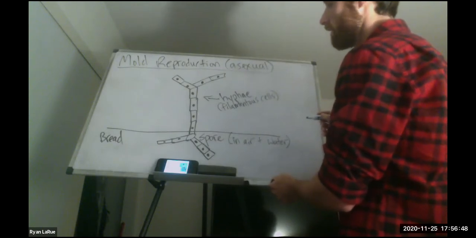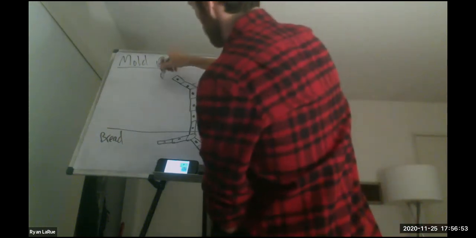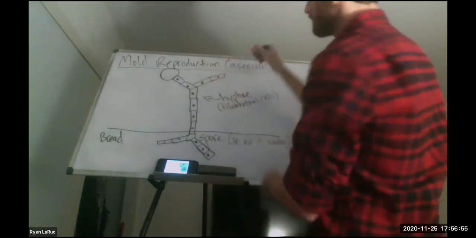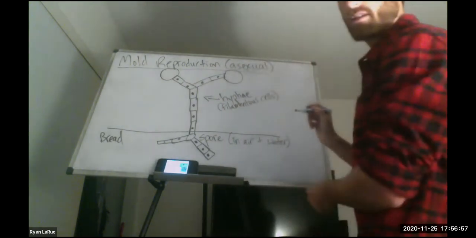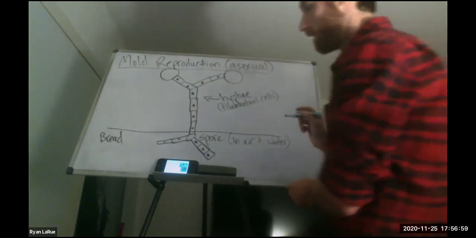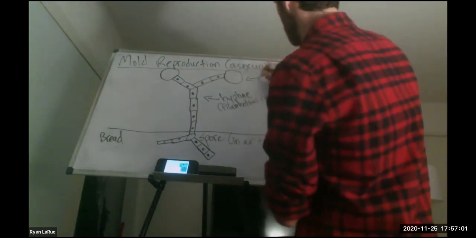And they're going to form these ball structures at the end of these hyphae. And these are called sporangia.